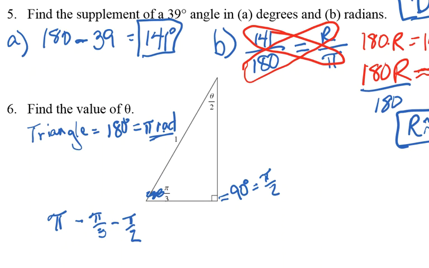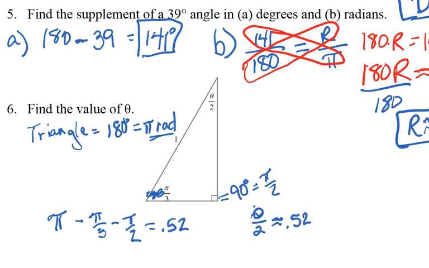So what we're going to do is go pi minus pi divided by 3 minus pi divided by 2, and I get 0.52 blah blah blah. Okay, now this is not theta. This is theta over 2. So what I know is theta over 2 is 0.52 approximately.